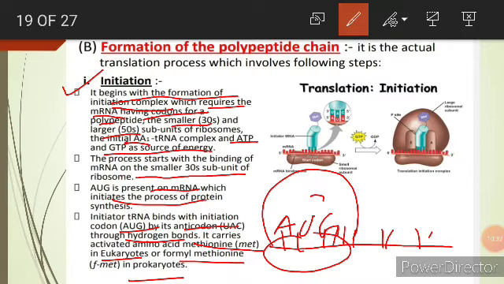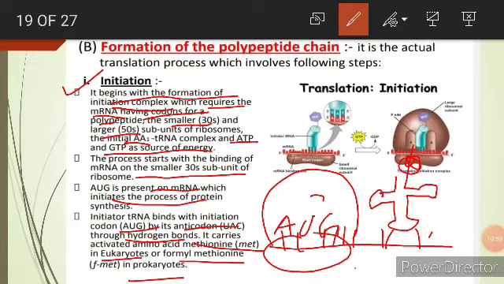And here many tRNAs are there, which are going to carry the amino acids from the amino acid pool. So suppose this is the tRNA, it will carry this amino acid from the amino acid pool, and here 3 sites are there on this ribosome.